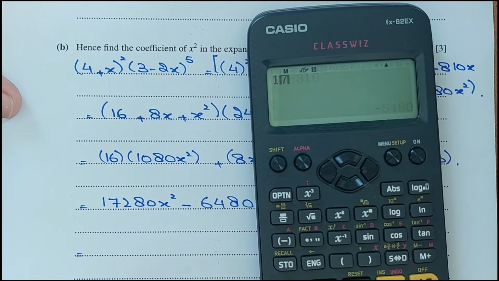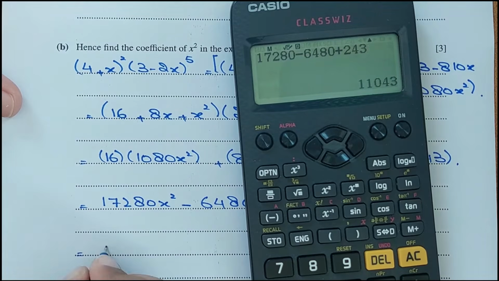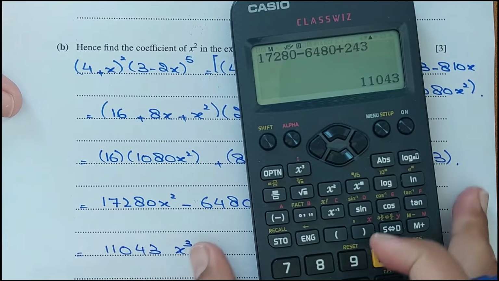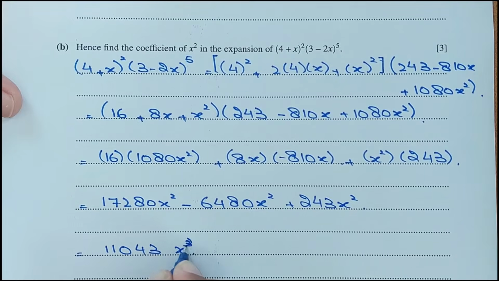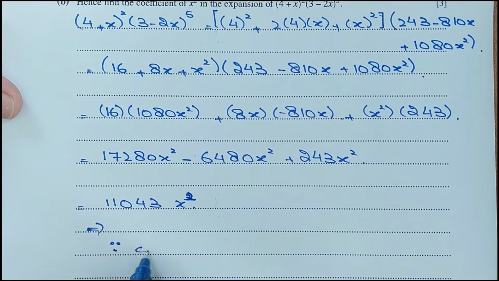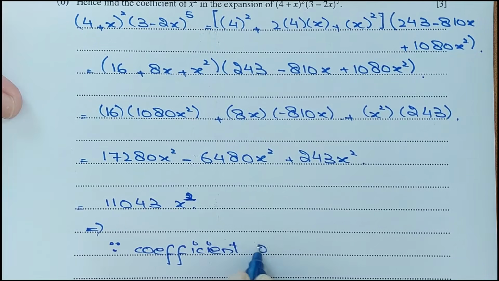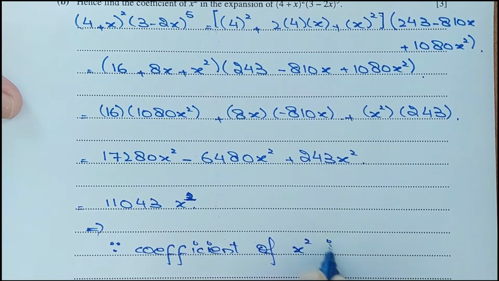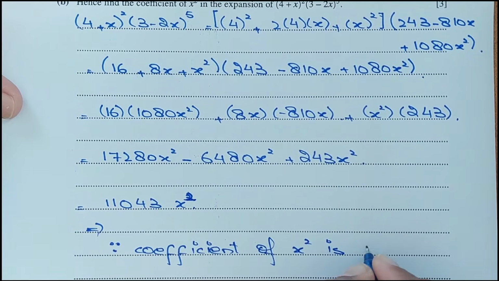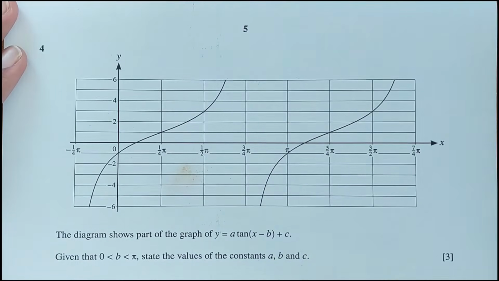So we have 17280 minus 6480 plus 243, 11043 x square, sorry, not x cube, this is x square. So we can say that coefficient of x square is 11043, right?